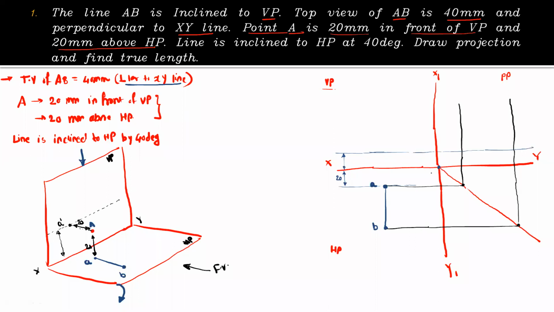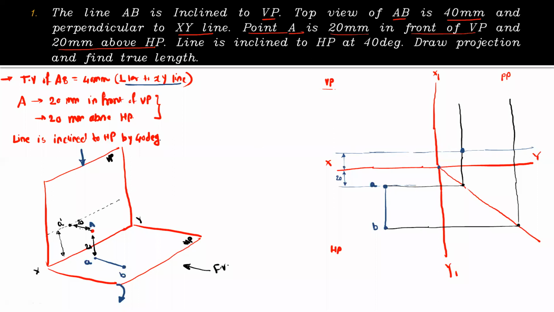So now here you can observe we have got the position of the point A in the side view. This intersection is an intersection from the front view and from the top view. So this will represent the position of point A in the side view. So this is A double dash.